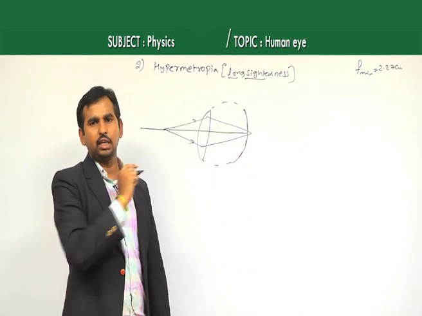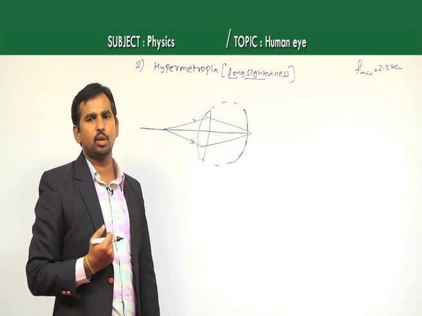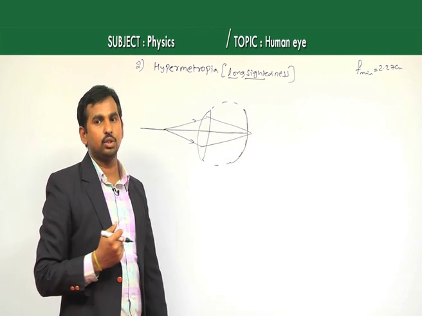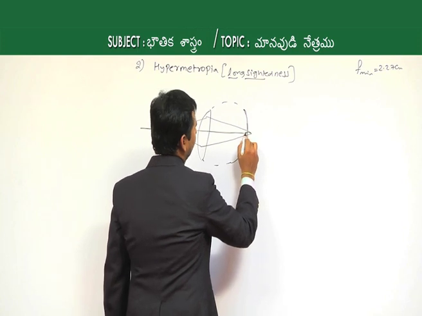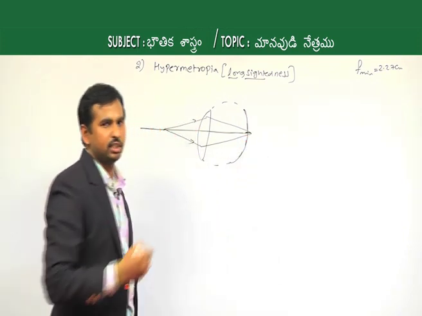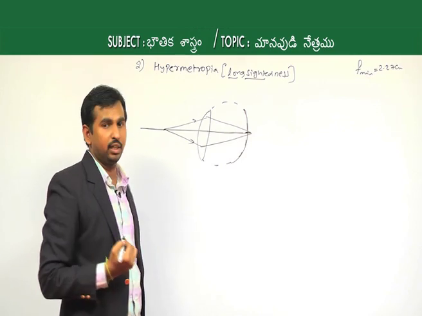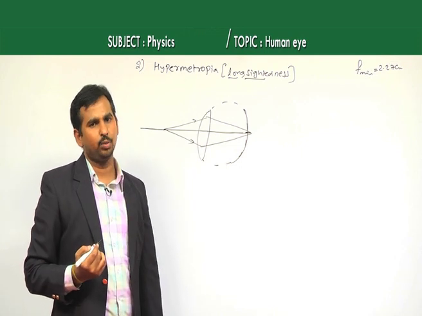That is why the converging point is after the retina. So, when the light rays reach the retina, there is no converging point, so you are getting a blur image here. This is the defect of hypermetropia.